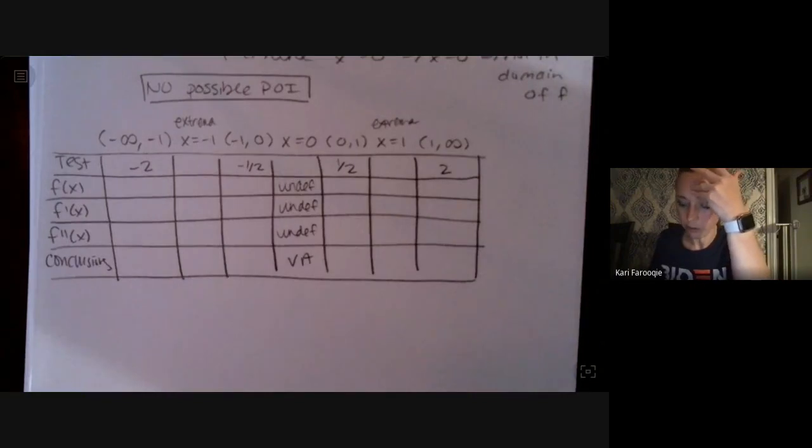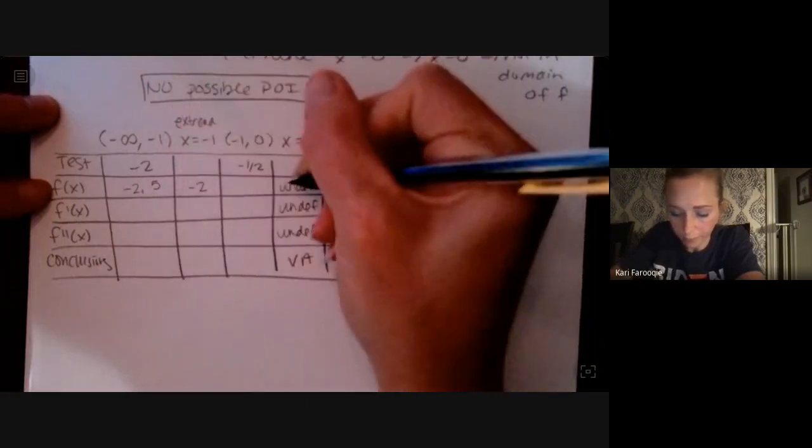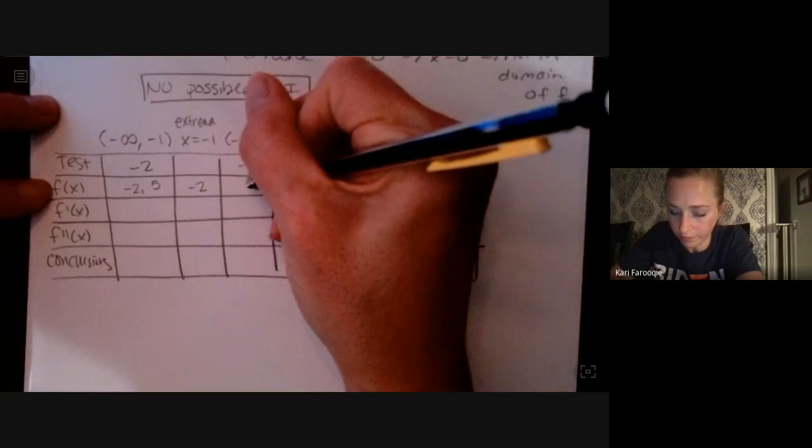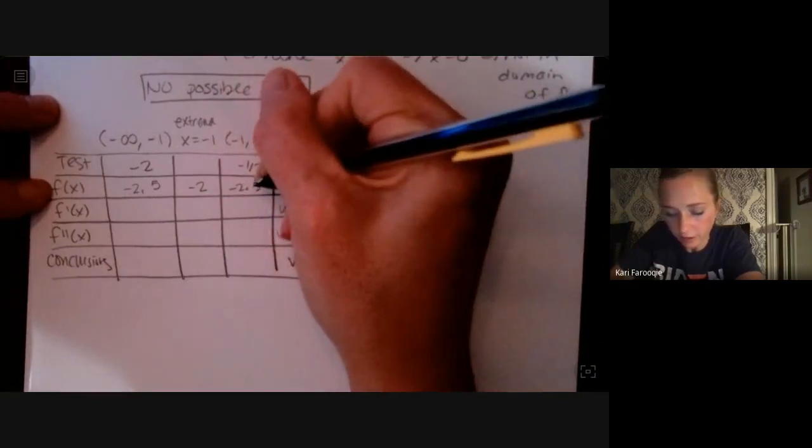All right, I'm going to go through and do f of x first. That's the y sub 1. That's going to be -2.5. Let's see, -2, -2.5. Interesting.